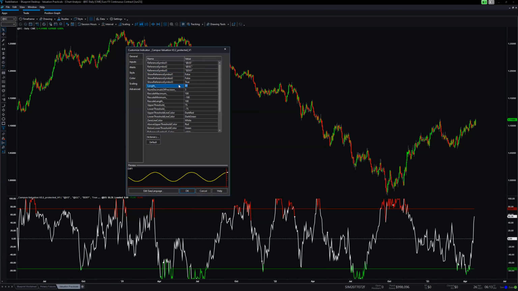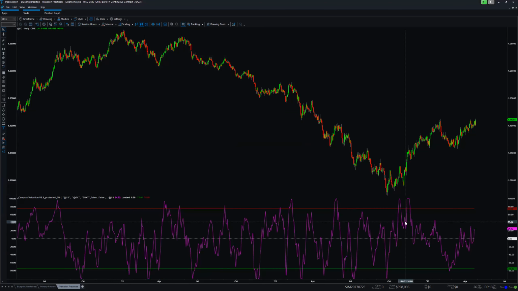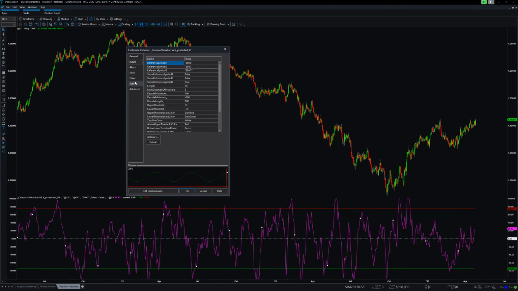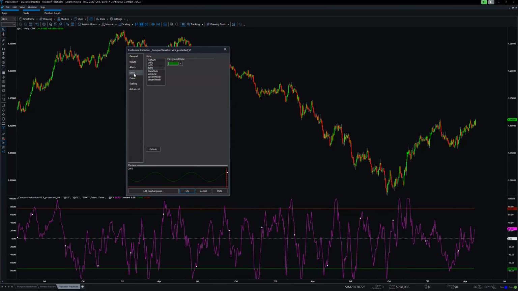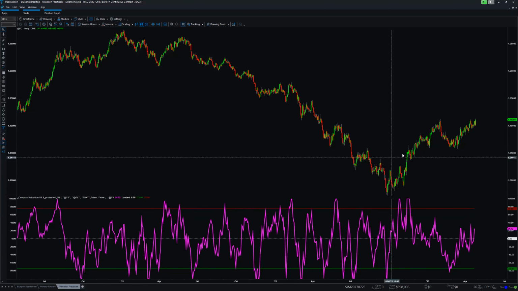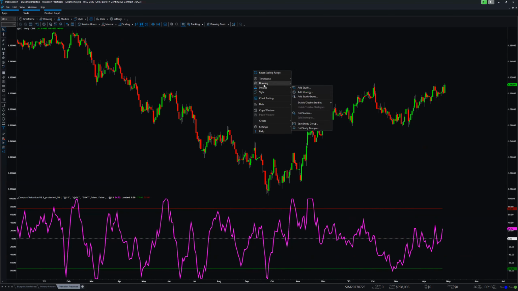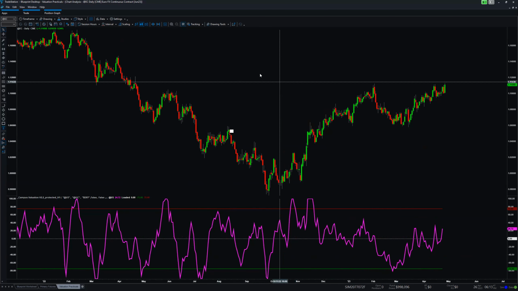And on the length, on the cycles, we're going to put a 10 right there. Then I'm also going to double click that, go to color or style, and on the style, I just want this line to be a bit thicker so that we can see it nicely.